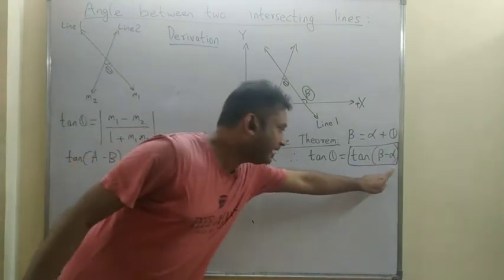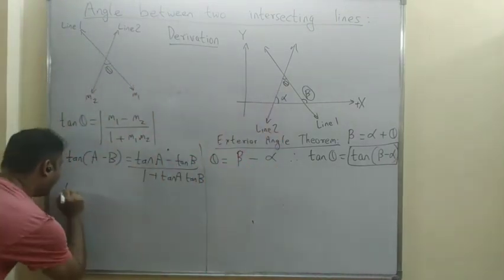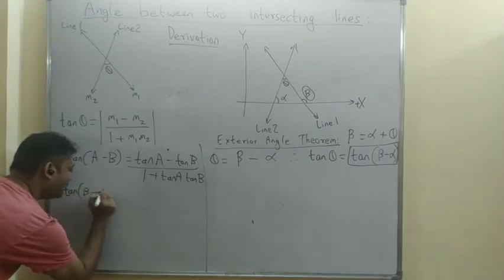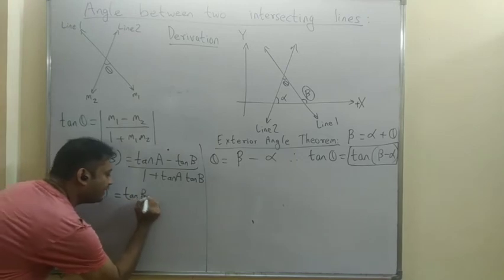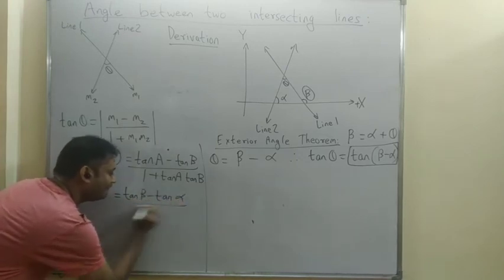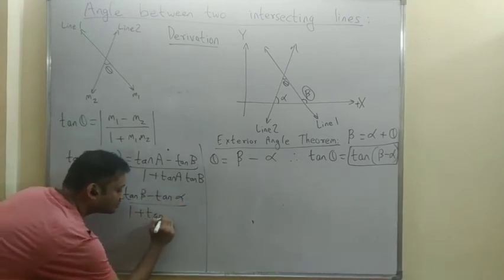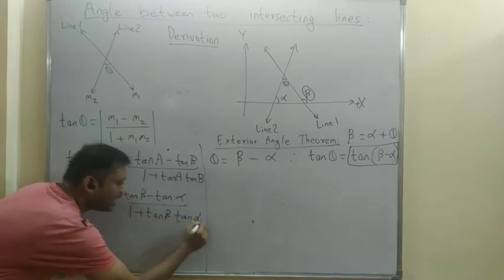So tan of beta minus alpha equals tan beta minus tan alpha upon 1 plus tan beta tan alpha.